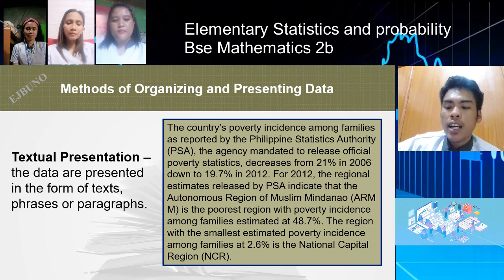An example is the country's poverty incidence among families as reported by the Philippine Statistics Authority, or PSA. As you can see, the details are written in the form of text and paragraphs.